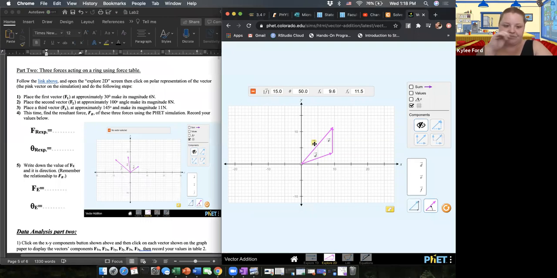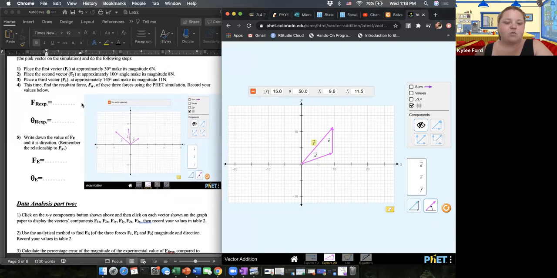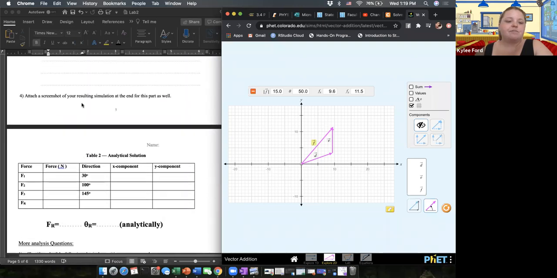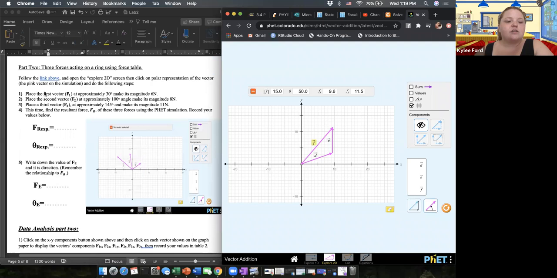Okay, so let's see. I'll kind of walk you guys through this, but hopefully it should be pretty much the same. Okay, so in this one, our first vector, vector D, we're gonna make it 6 magnitude at 30 degrees. Okay, so that's our first one.